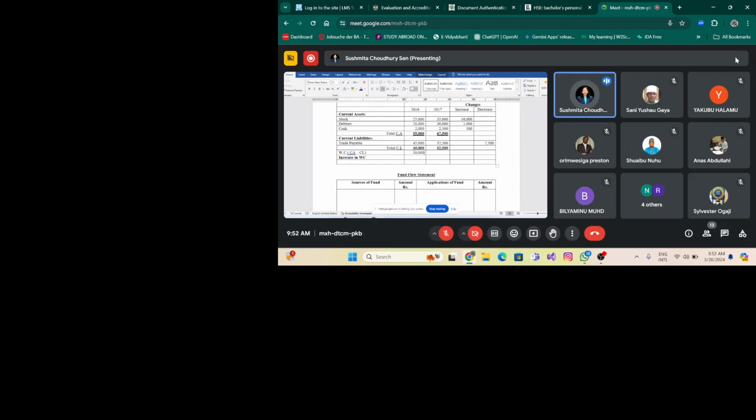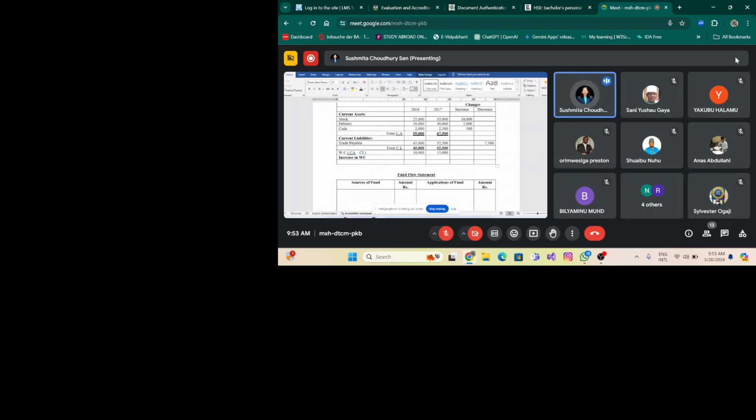Similarly, in the year 2017, we need to again subtract and see how much the working capital is. So 5 and 1, it is 15,000. So working capital for the year 16 was 10,000, and in 17 it was 15,000.